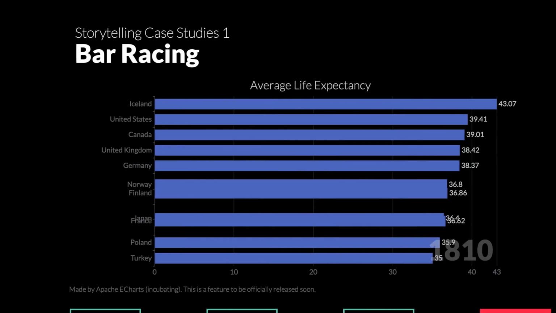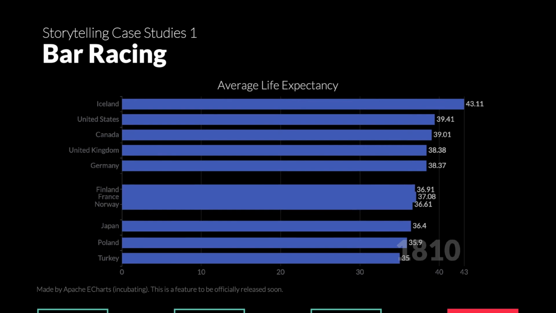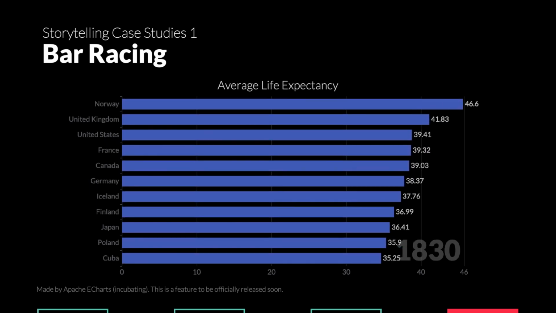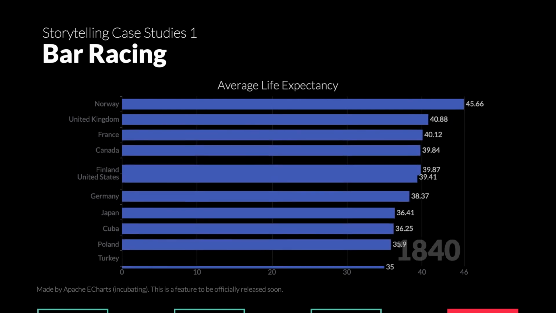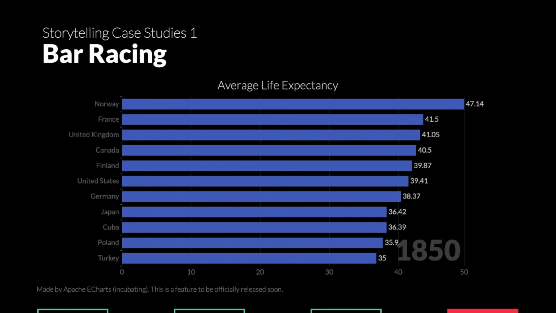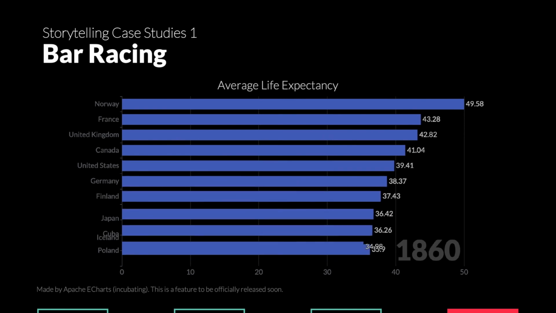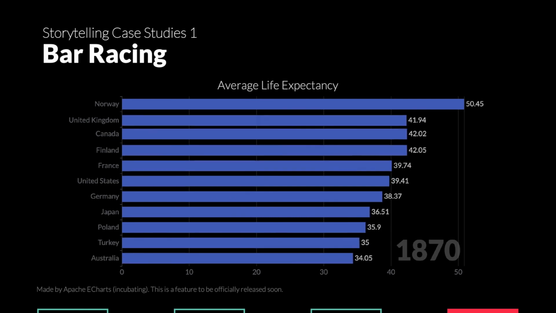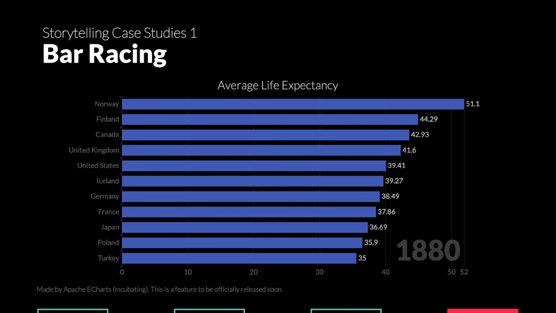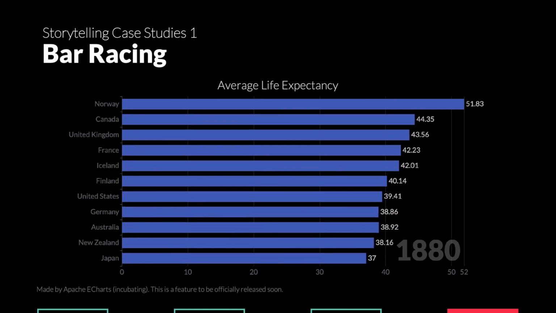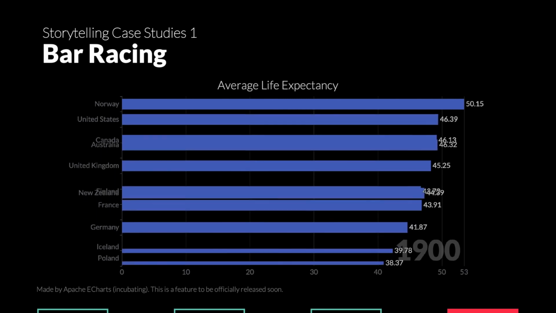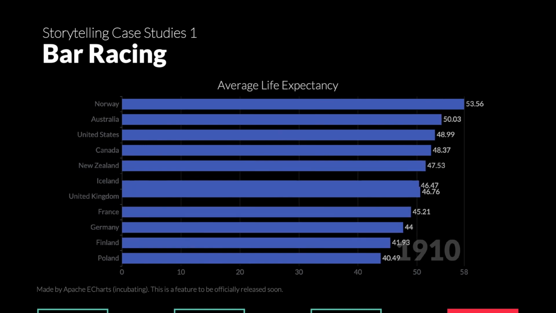With the upcoming ECharts v5, you can make this bar-raising effect to tell the story of how data changes over time. This is an example of average life expectancy of different countries and regions. Instead of using several static charts of varied years, this bar-raising effect can make it easier for users to have an instant impression of how data changes over time.